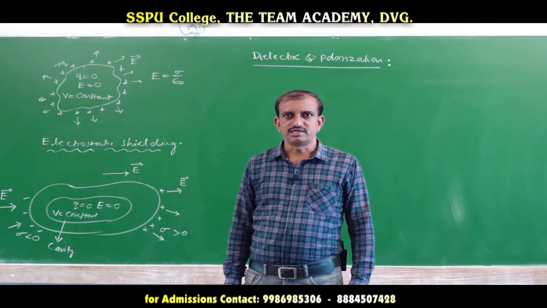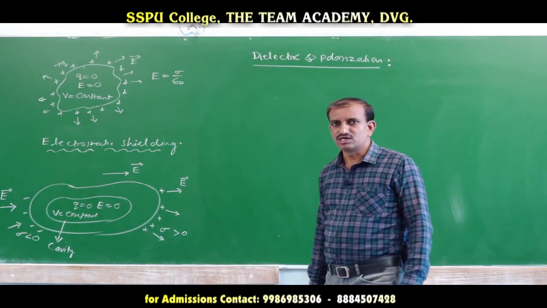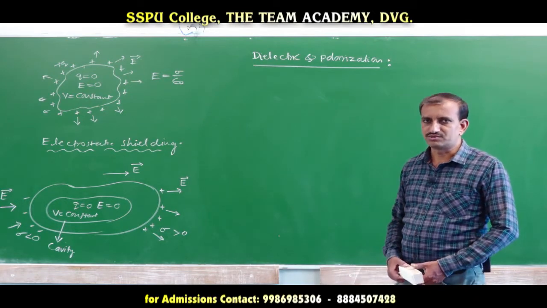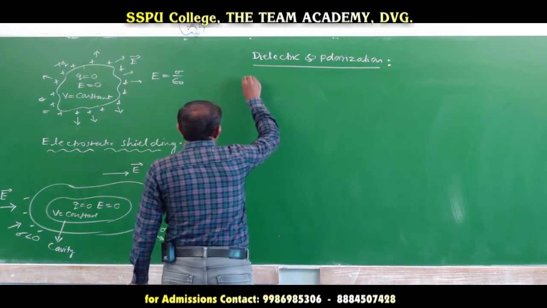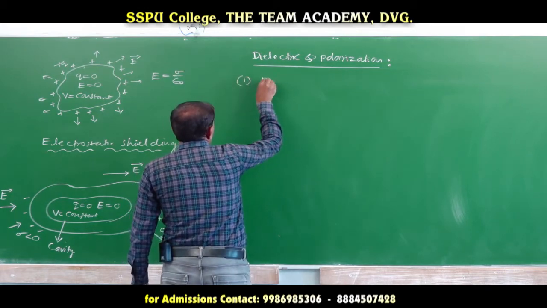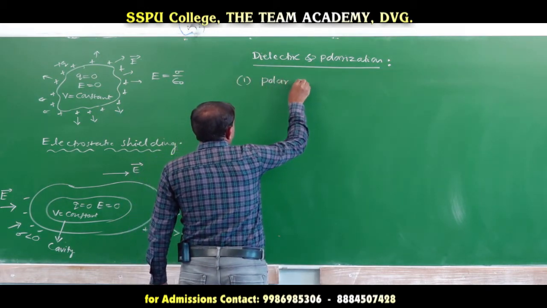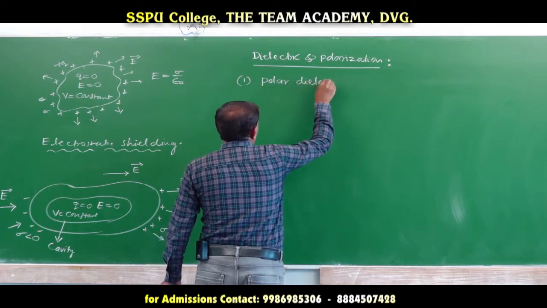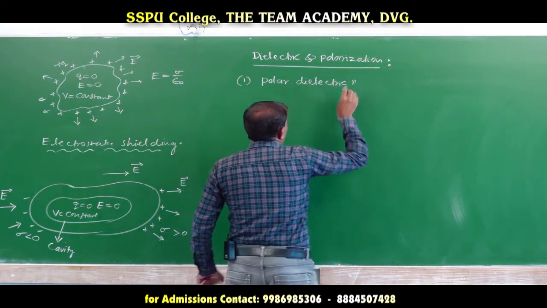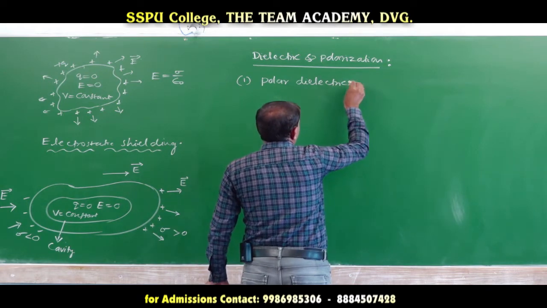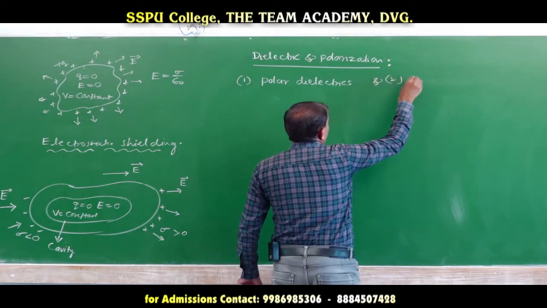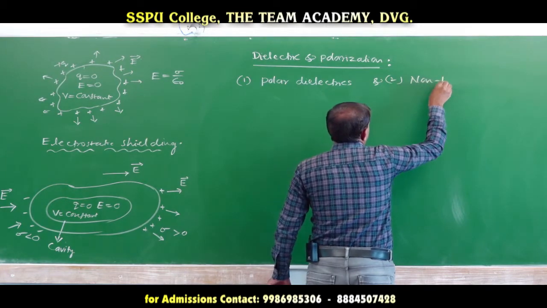Depending on the nature of the molecule, we have two types of dielectric molecules: polar dielectric molecules and non-polar dielectric molecules. Polar dielectric molecules are simply the polar dielectrics, and the second one, non-polar dielectrics.